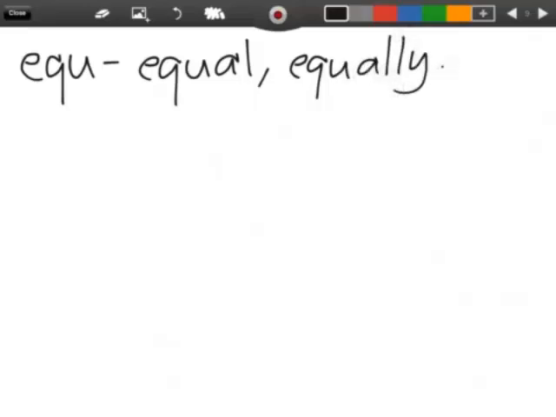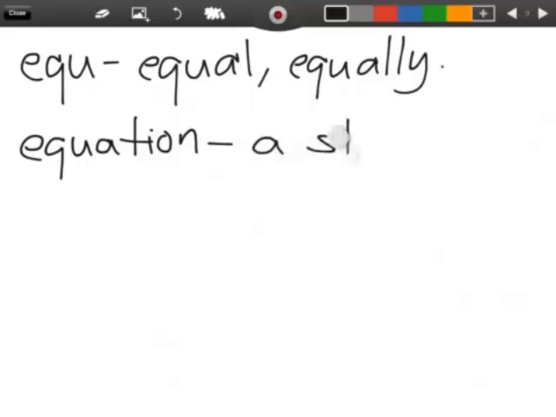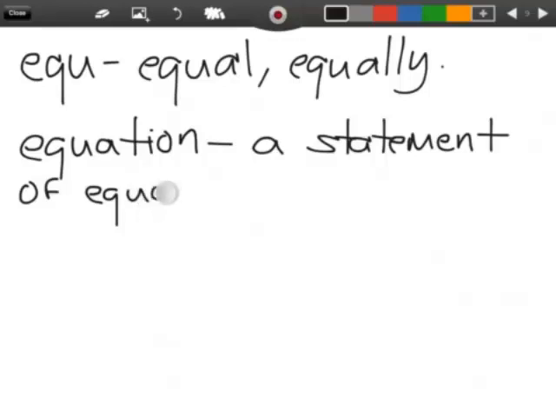And I'm going to go ahead and give you an example word, which is equation. And that means a statement of equality.